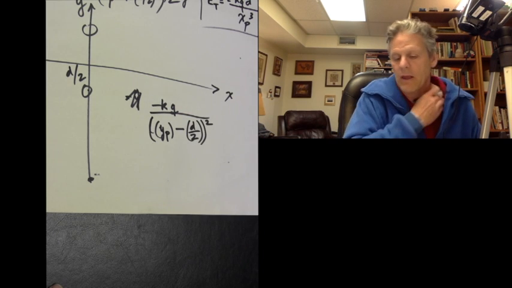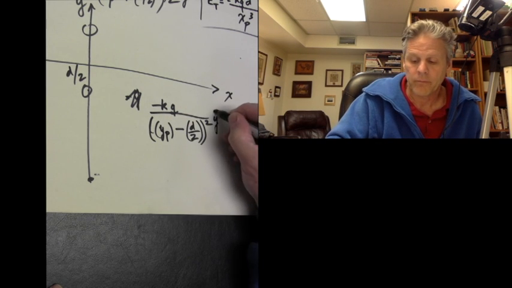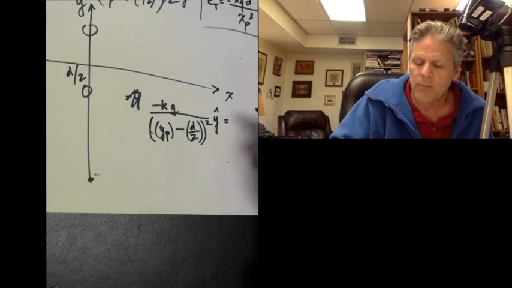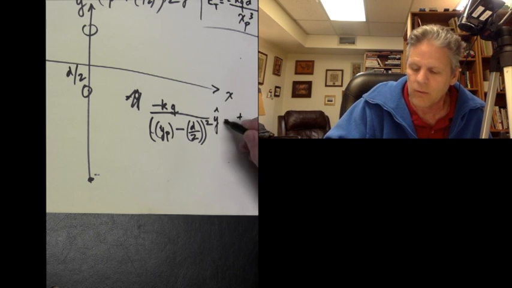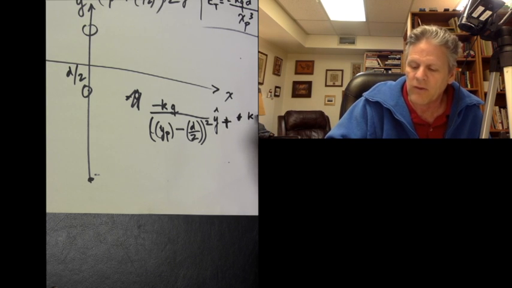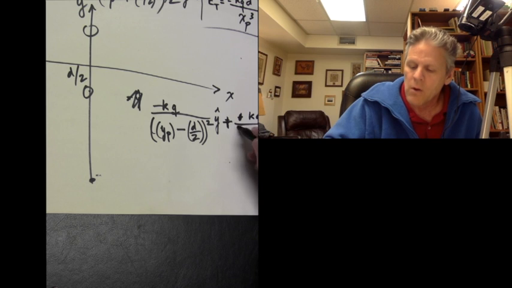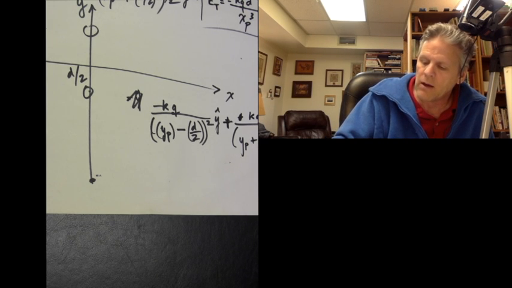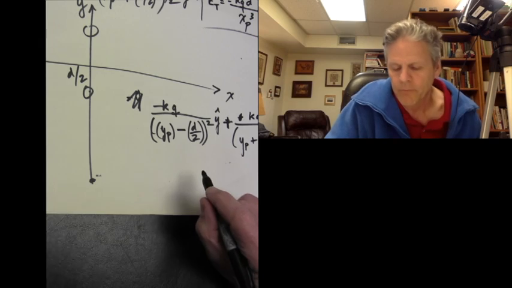Okay? And this is Y hat. So that's what our E minus is. Our E plus, I'm going to add this, is plus KQ over Y sub P plus D over 2 squared, again in the Y hat direction.